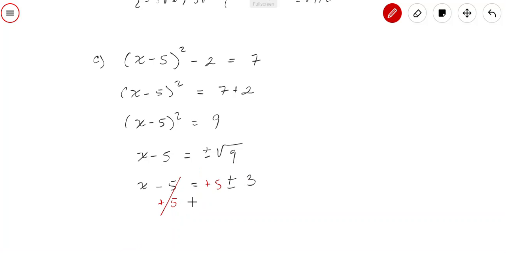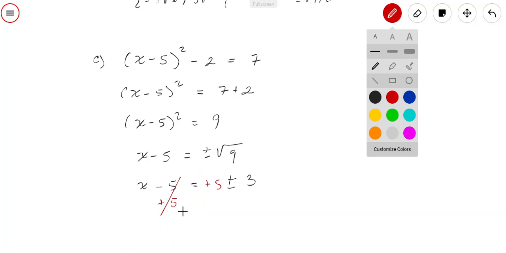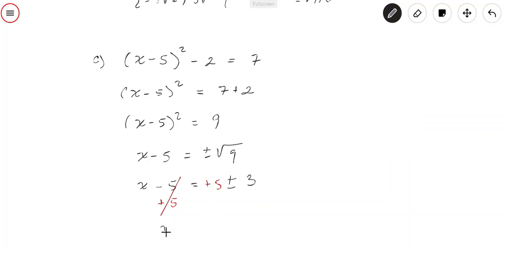So you know that this cancels out, so we get x by itself here. So we have x equals 5 plus or minus 3. And 5 plus or minus 3 implies we have two solutions. One solution is x equals 5 plus 3, which is 8.